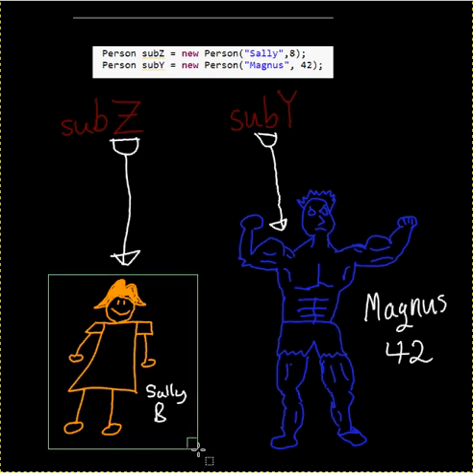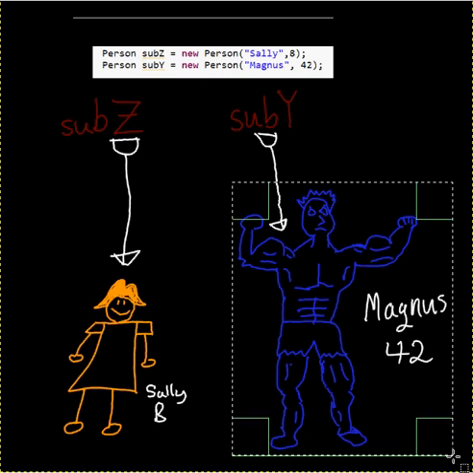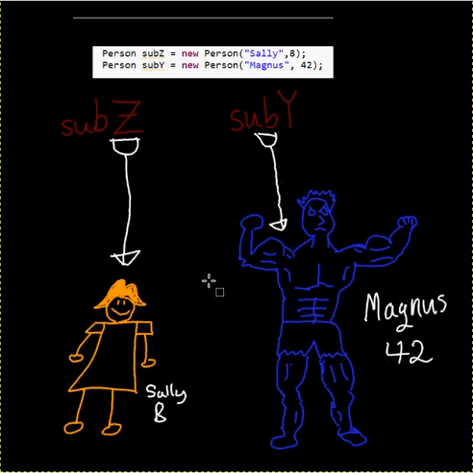So on the computer's memory, we've got Sally, who's 8. That's a nice little drawing of a girl. And we've got Magnus, who's 42 and looks not like the nicest guy in the world. So sub z is almost just a connection to Sally, who is 8 years old. It isn't inherently Sally.